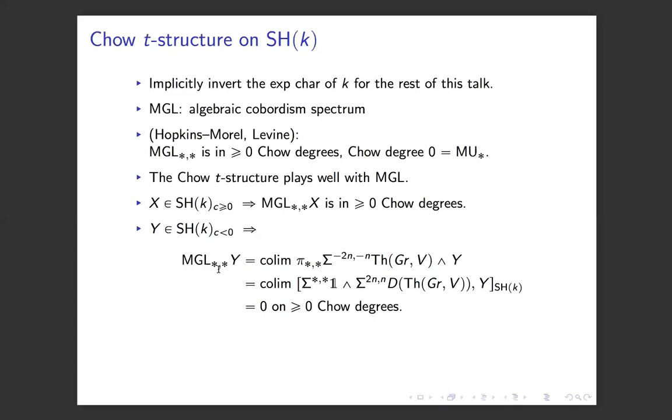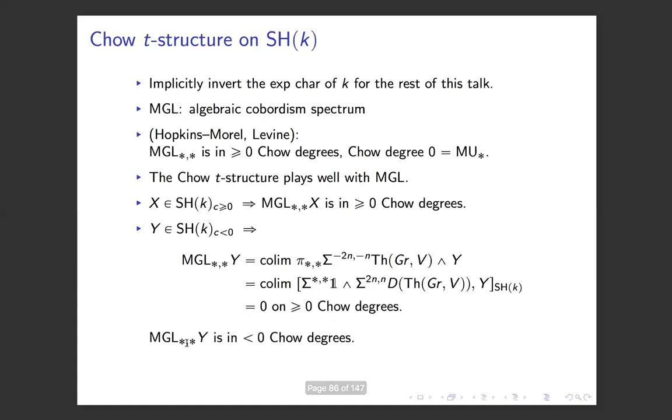Since MGL, just as in the classical complex cobordism case, can be written as a colimit of Thom spectra over the Grassmannians, it can be rewritten this way. And since this Thom spectrum over Grassmannians can be dualized, we can move from the right-hand side to the left-hand side, and that's another way of writing it. Therefore, you can see that these groups are always 0 if the star is in non-negative Chow degrees.